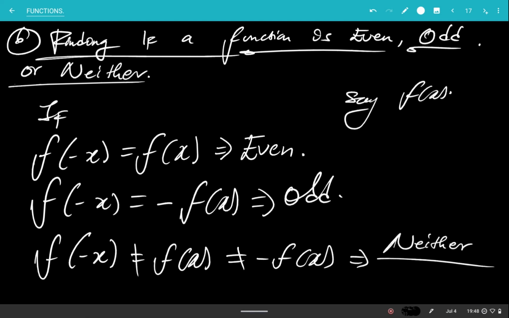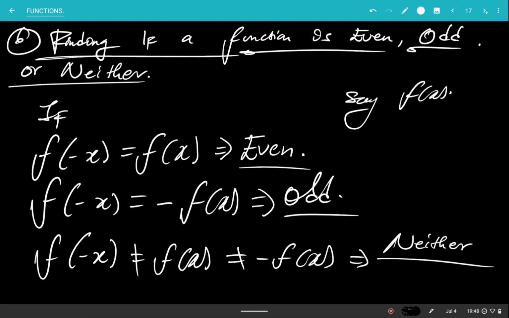So it's not even and it's not odd. It's neither. Alright, so be mindful. If f of negative x is equal to f of x, then it's even, and if f of minus x is equal to negative of f of x, then it's odd. But if f of minus x is not equal to f of x and not equal to minus f of x, then it's neither.